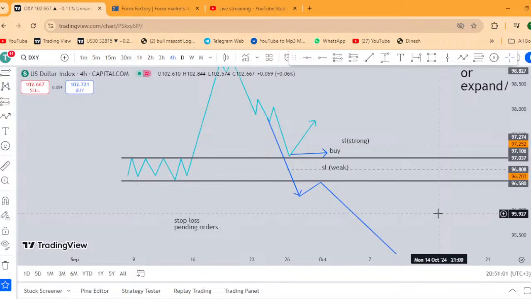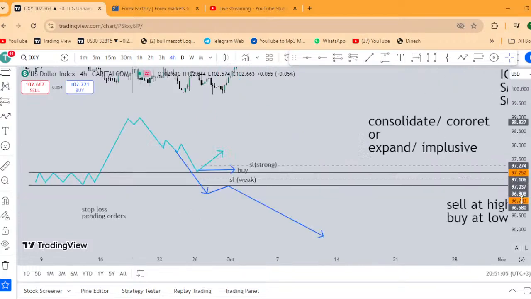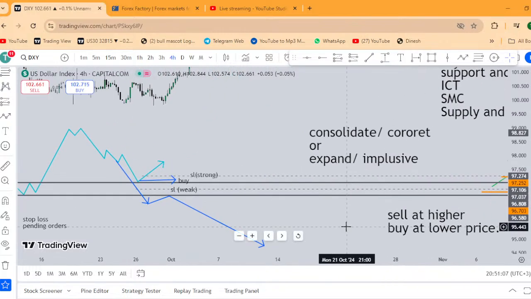I don't want to proceed to the other concepts, so allow me to stop here, guys. But at least I have taken you through this concept.